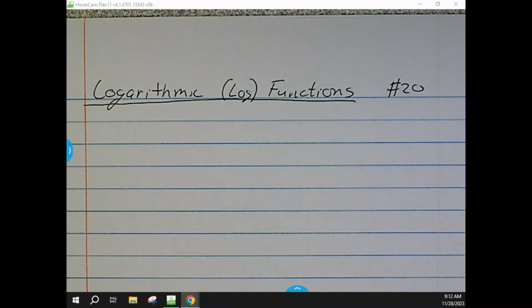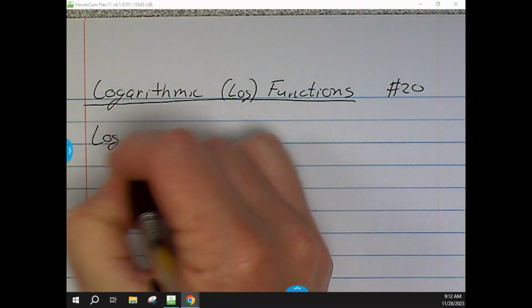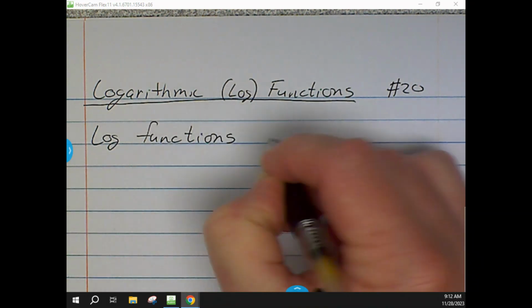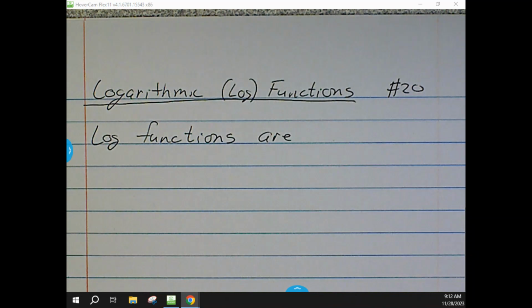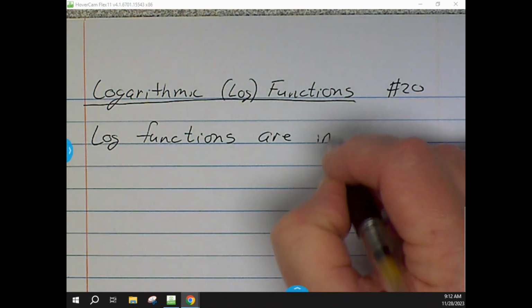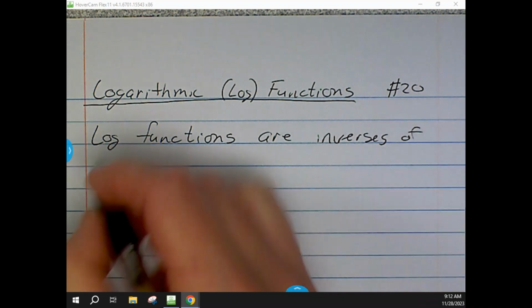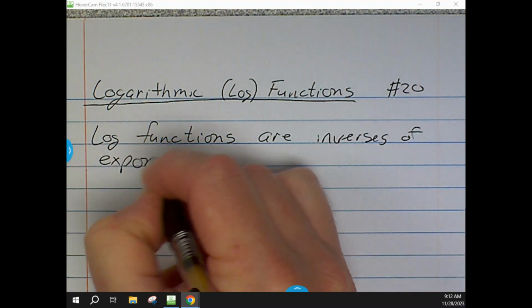And when we talk about log functions, basically here's the big thing you have to know: log functions are inverses of exponential functions.